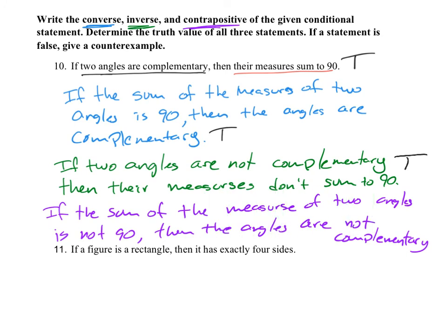And the last one, if the sum of the measures of two angles is not 90, then the angles are not complementary. That's also true. Okay. On this type of exercise, if the conditional is true, the contrapositive is going to be true. If the converse is true, the inverse is going to be true. And the other way around, if this one is false, that one is going to be false. Okay.